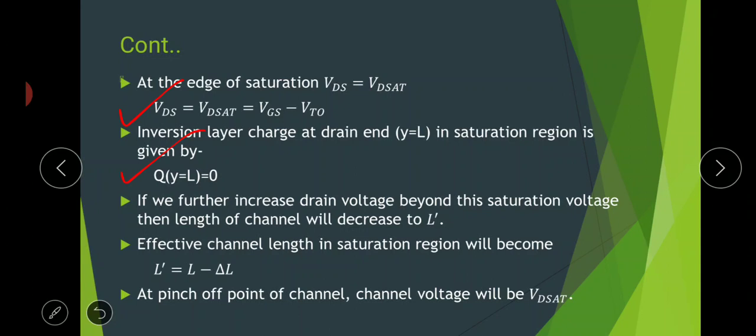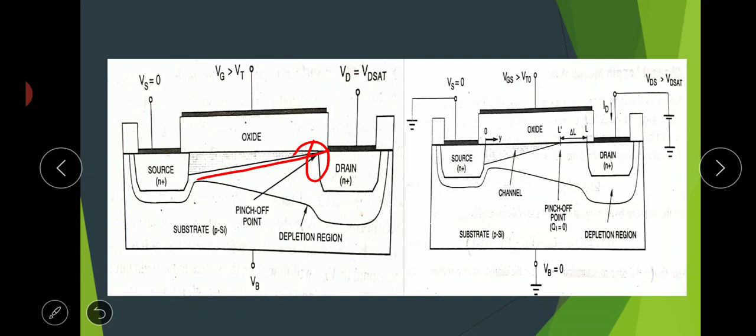Next, if we further increase the drain voltage beyond this saturation voltage, then the length of the channel will decrease to L dash. So in the second diagram we can see that if the drain to source voltage VDS is increased further beyond the saturation voltage, so that VDS is greater than VDSAT, an even larger portion of the channel becomes pinched off, and the length of the channel will decrease to L dash.